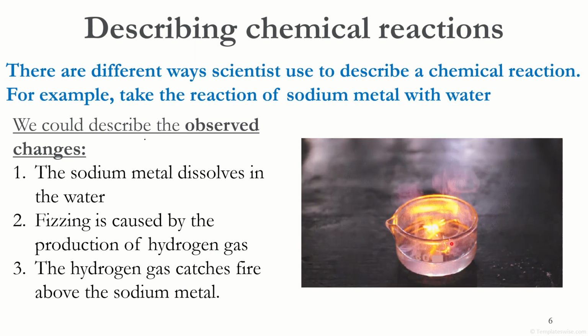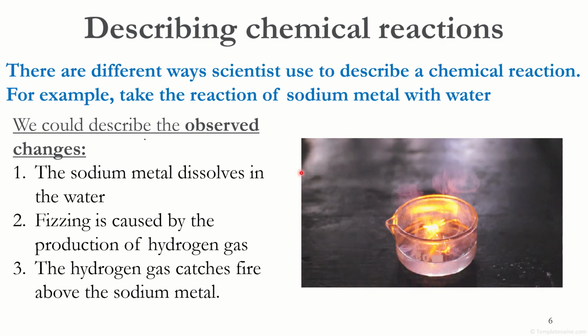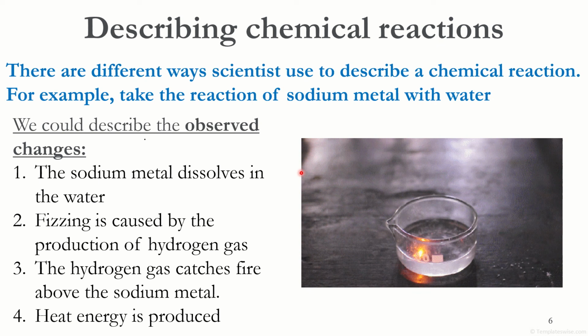We can see that there is a flame that's also being produced. So if we see the formation of light, formation of heat, that's also another indicator that we've seen a chemical reaction. So the next bit is to obviously look at how can we describe this reaction.